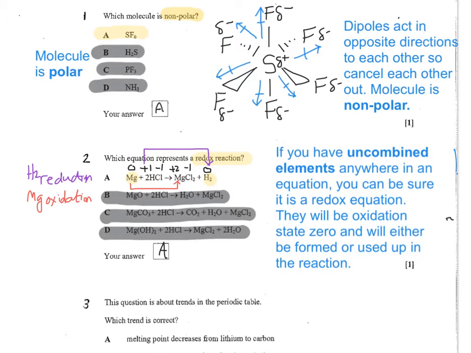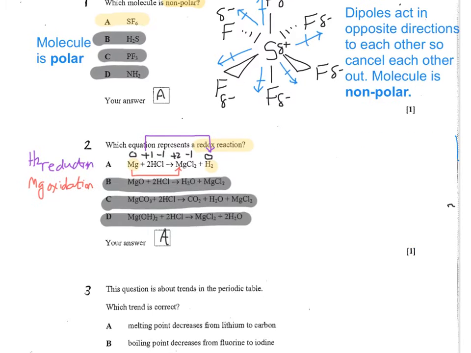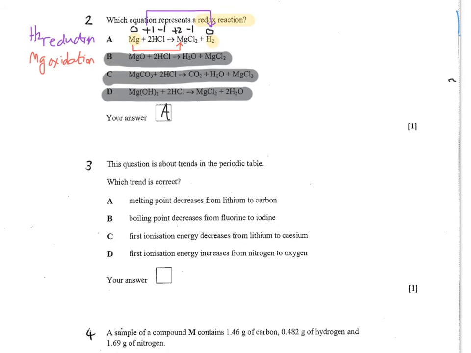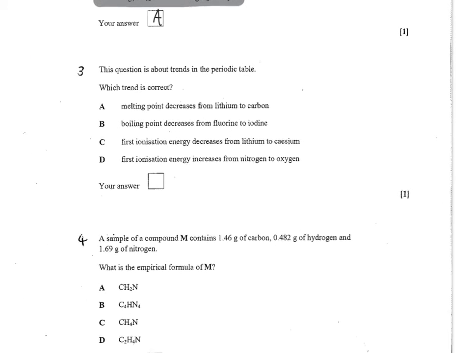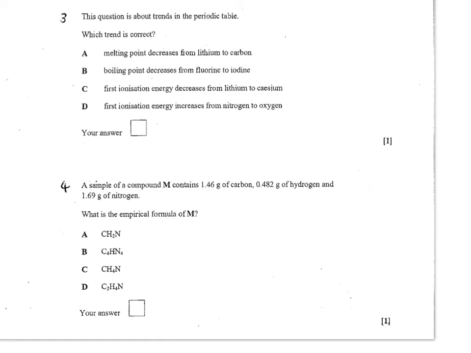So let's now move the page down a bit to question 3. The next part is about trends in the periodic table, and it asks you which trend is correct. What you've got to do is look at each example and think, what does each mean?